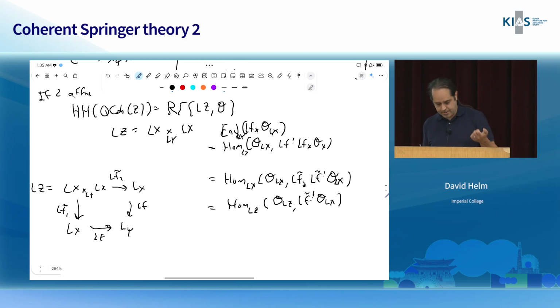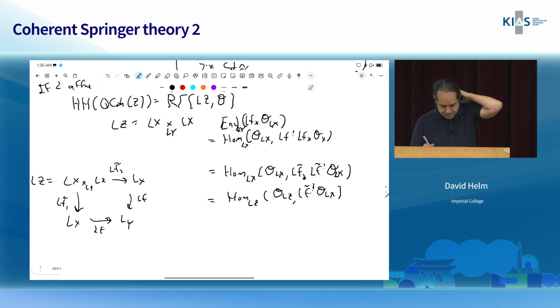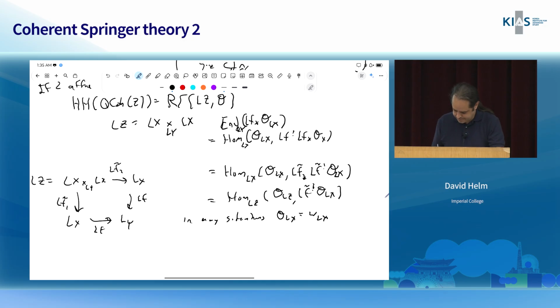And the point is that in nice situations, including ours, in many situations, O_LX is isomorphic to the dualizing sheaf on X. And in that case, O_LZ is the dualizing sheaf on LZ.